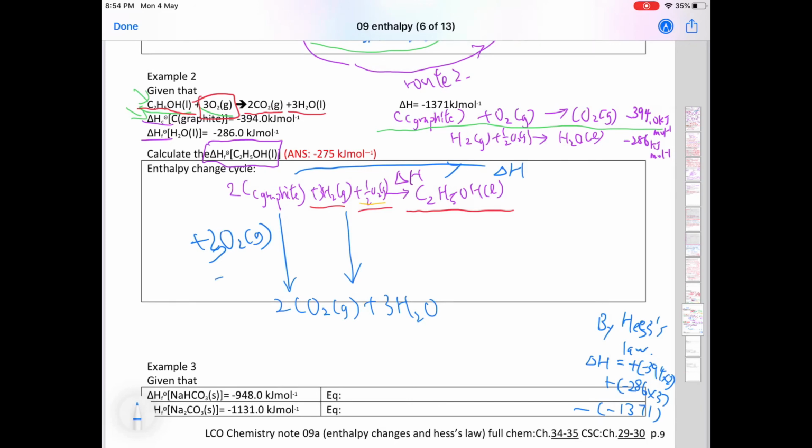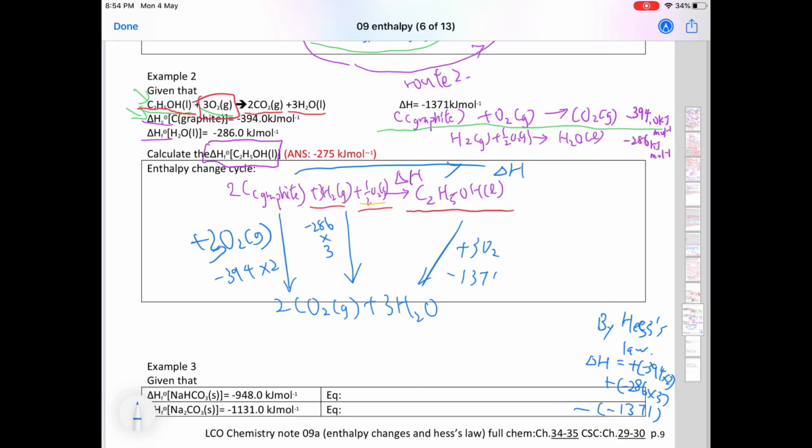Okay, and then again we copy the information for CO2 to form from 2 graphite. Then we need 394 times 2, and here is the corresponding enthalpy change. And then for the formation of water, the value is equal to the formation of water undergoing 3 times, so times 3. And then finally for the combustion, what we need is 3 oxygen, and the enthalpy change is this value.